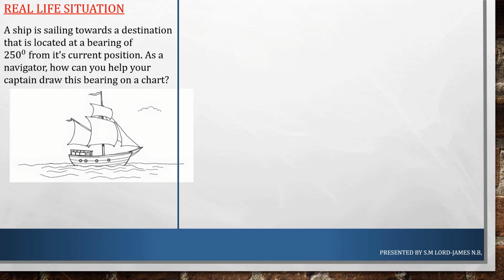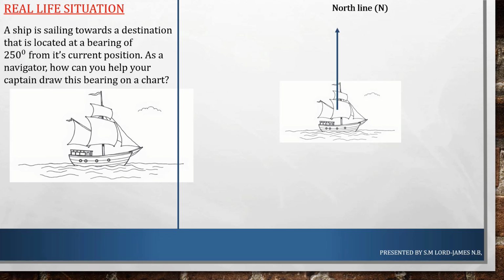So we are going to do that and you verify if what you did was correct. Our current position is our P, and in our case it is a ship. So let's keep our ship. The next thing we do is draw the north line from our current position. So that is our north line N.